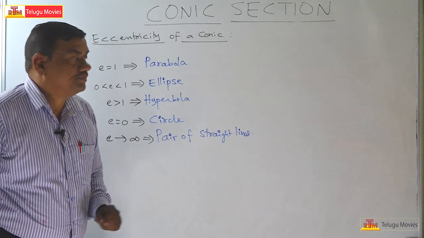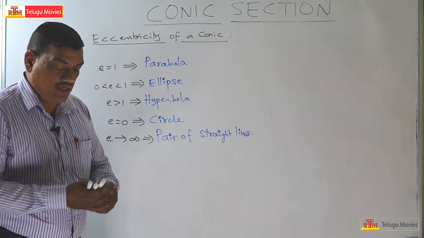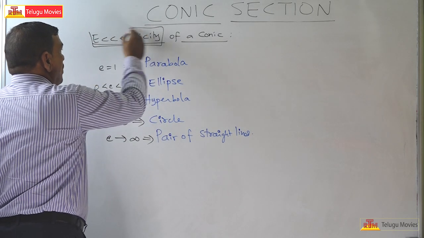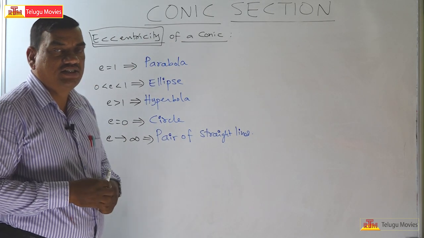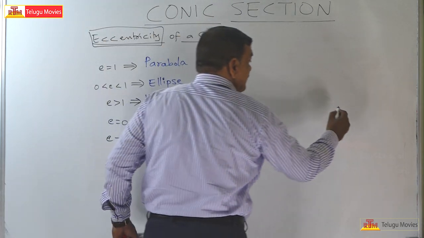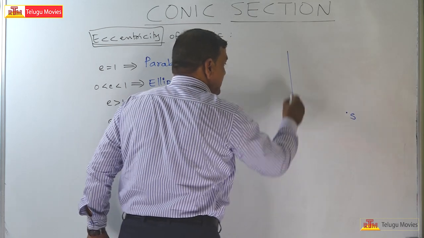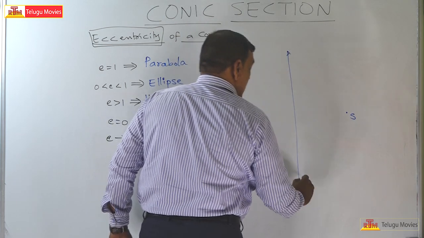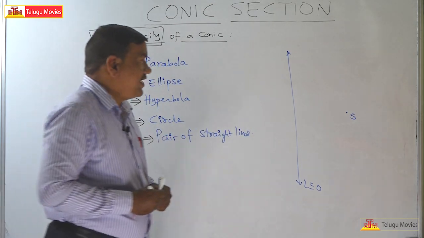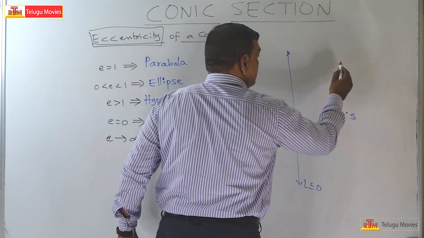Now we are going to see a very important concept, that is the eccentricity of a conic. What is eccentricity? Let us take a fixed point S and a fixed line L equal to 0. P is a variable point.